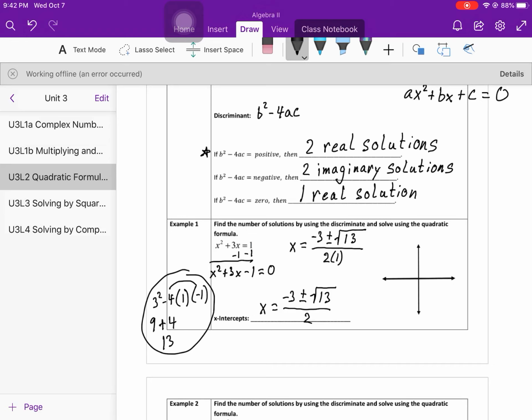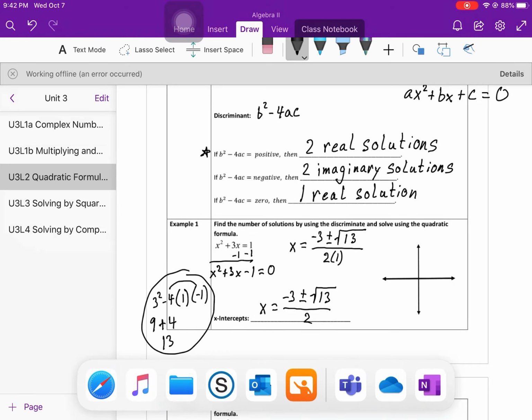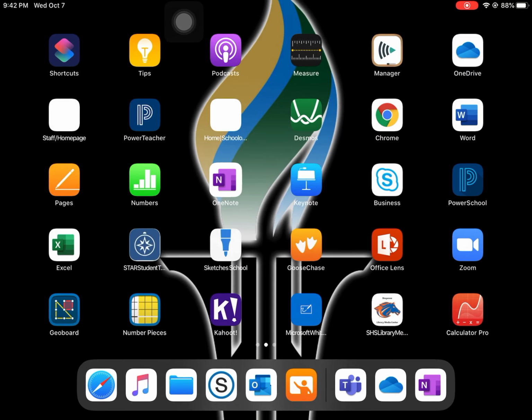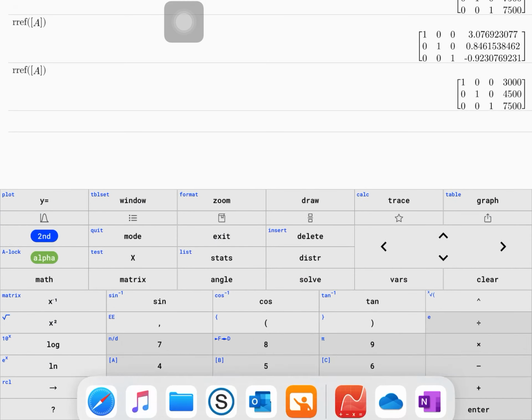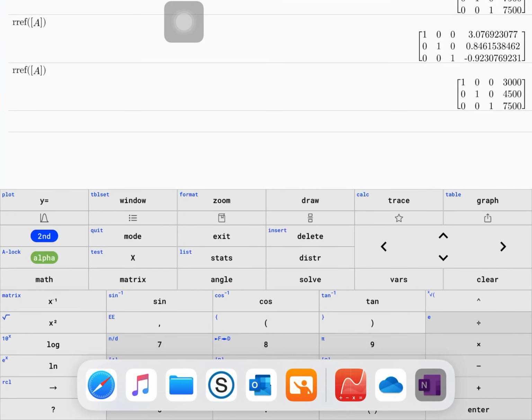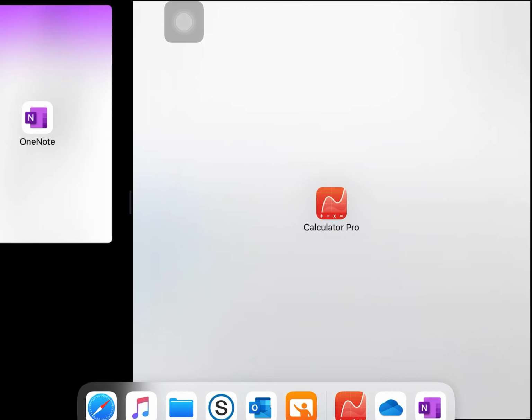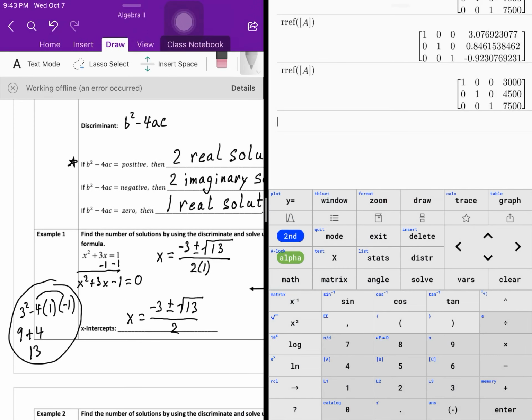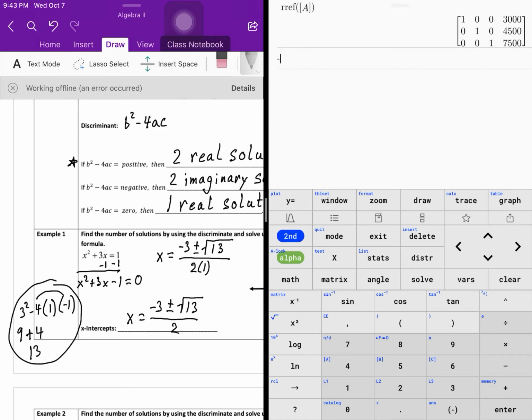And if we type that into our calculator, so let me pull this up here. I'm going to bring up the calculator. So if I were to type in -3, we'll just do plus the square root of 13. I have to hit second, square root 13.